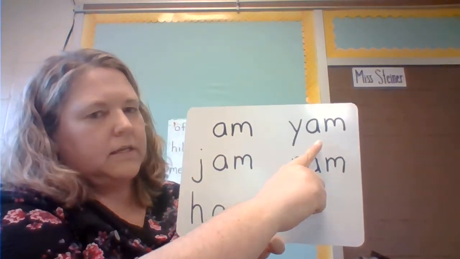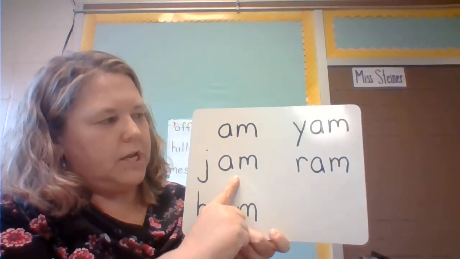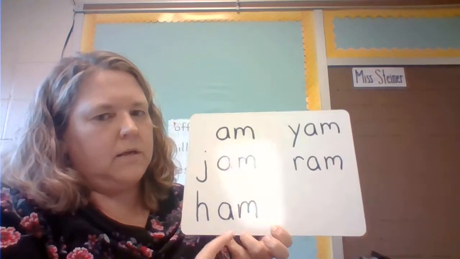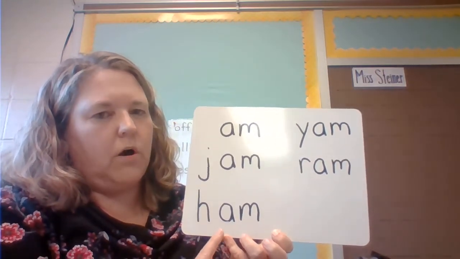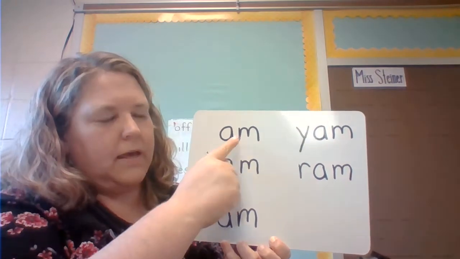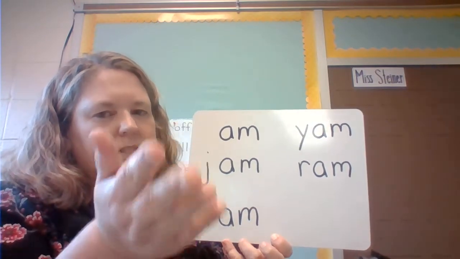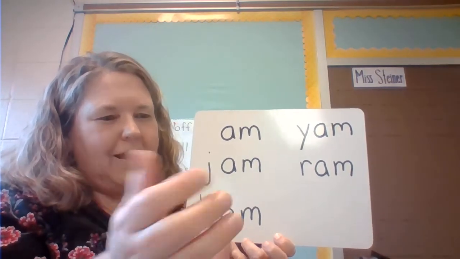Am, yam, jam, ram, ham. So all those words have am. AM says am. What does AM say? Am. That's right. Now we're going to move to a new word, a new rhyme card.